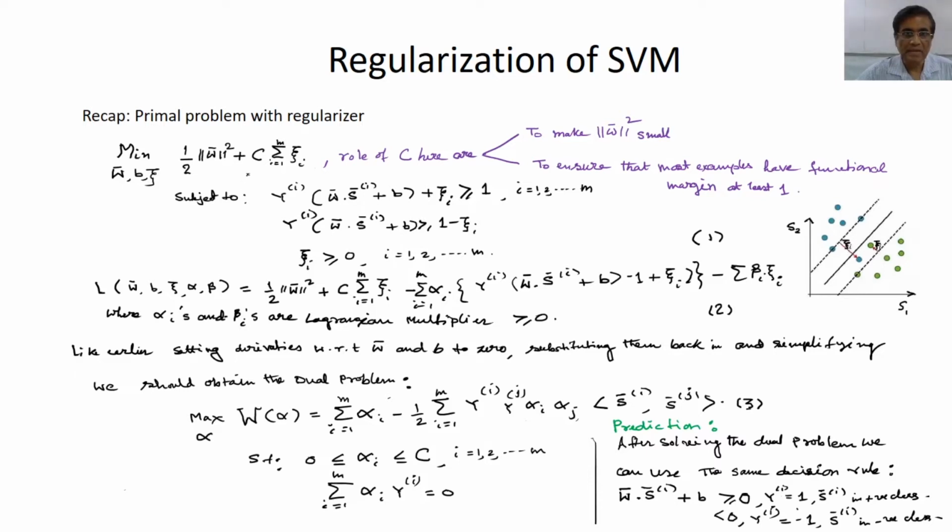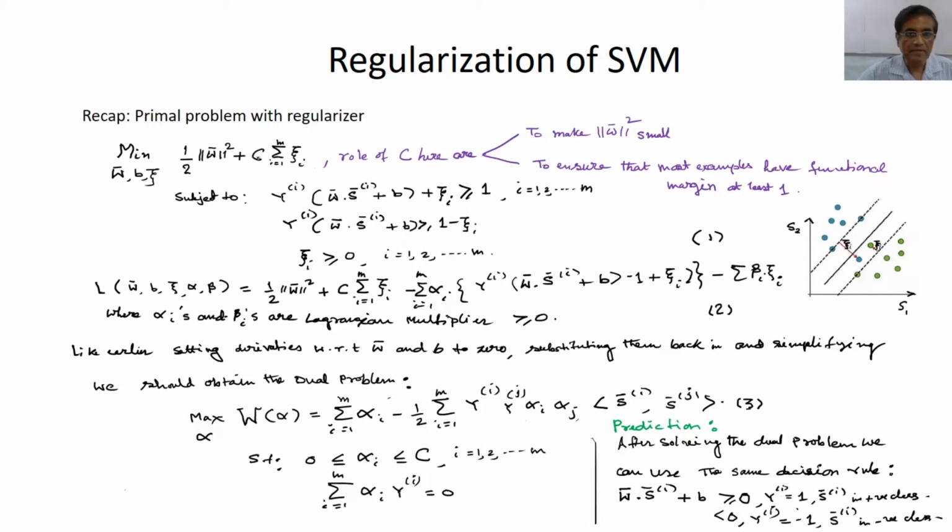And this is our objective function. The objective function is to minimize half W square, and we are adding this regularizer term, C times the sum of zeta I, for sample I equal to 1 to m.